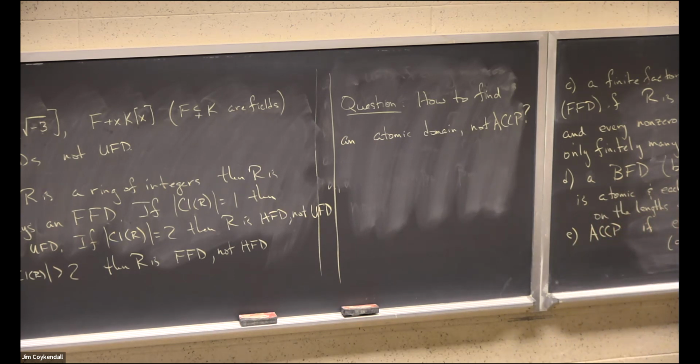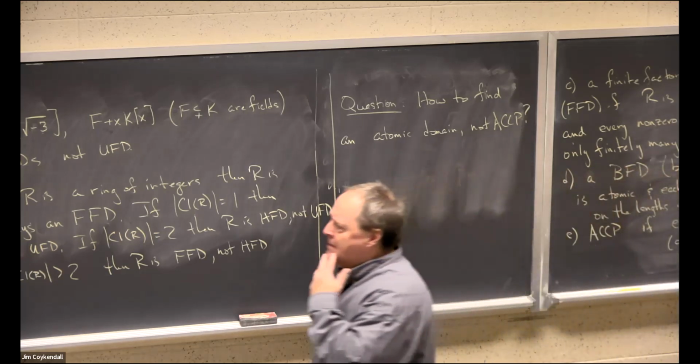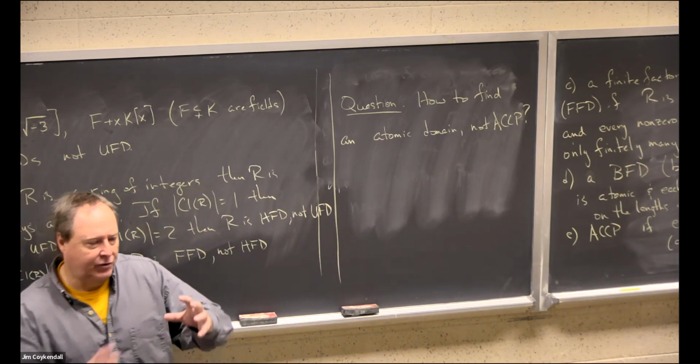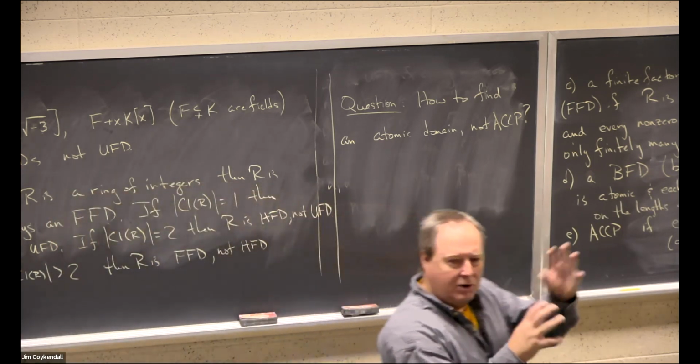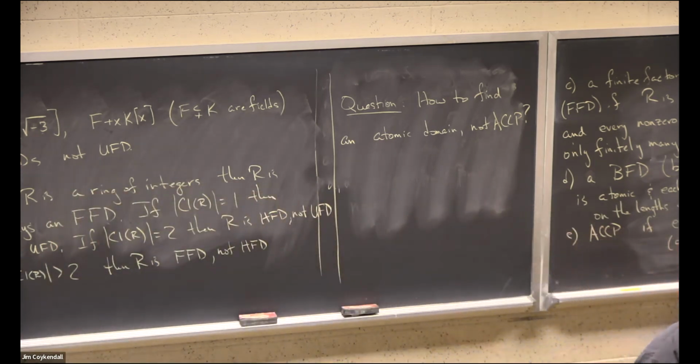Okay, and in fact, why are these even not equivalent? Because what does it mean to be atomic? It means you take everything and you can factor it. So take an element a, break it down, and then maybe it breaks down further.